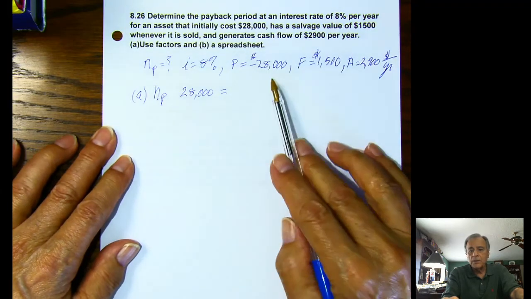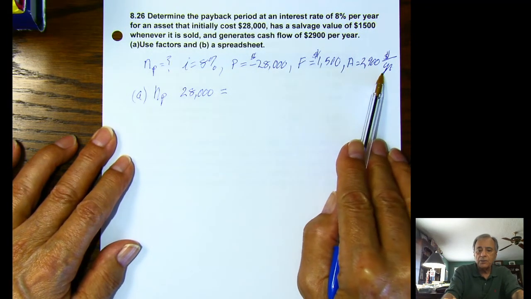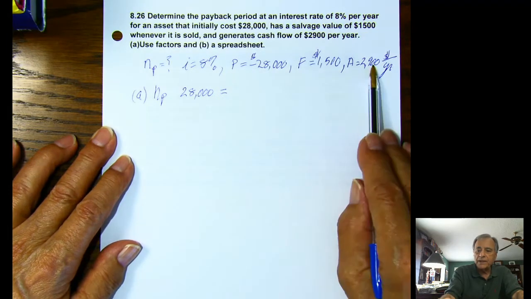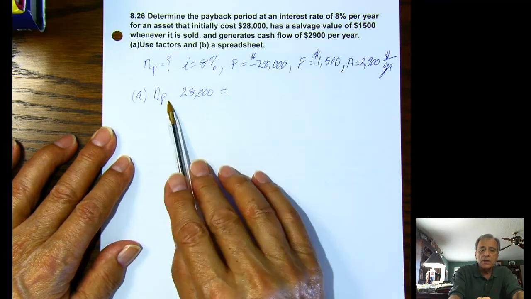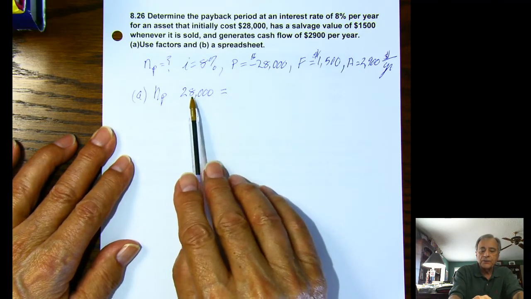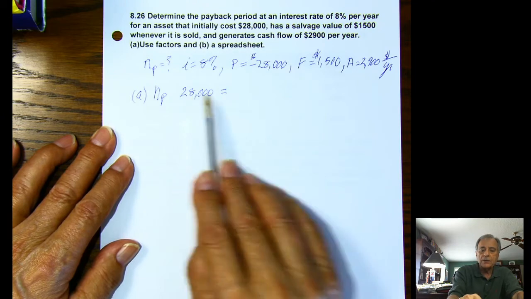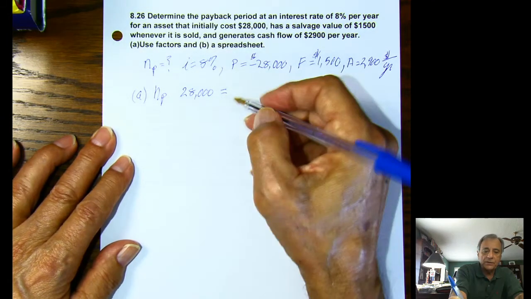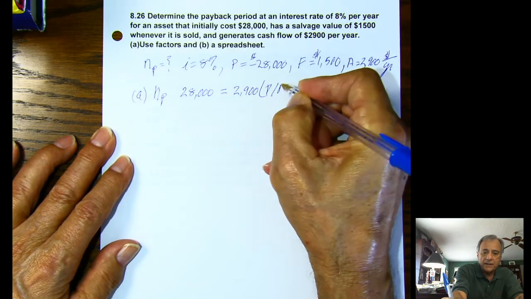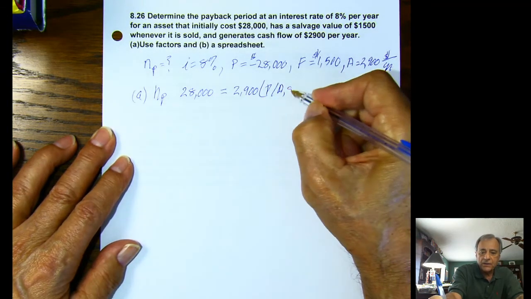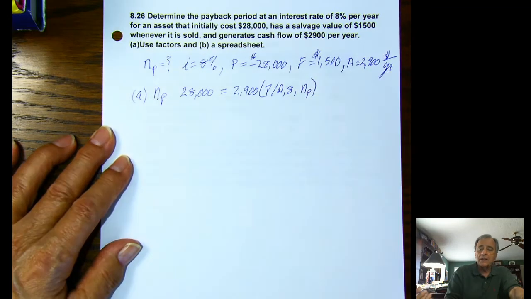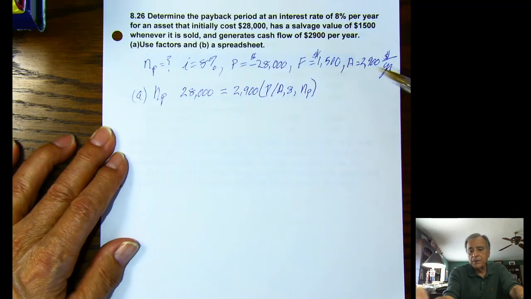Well, we get $2,900 per year, and so we need to bring that to the present time. So this is where the present value of the initial cost equals the present value of the revenue, which is $2,900 times P given A, 8% for this unknown number of periods, N sub P. The other element of revenue is simply the salvage value.